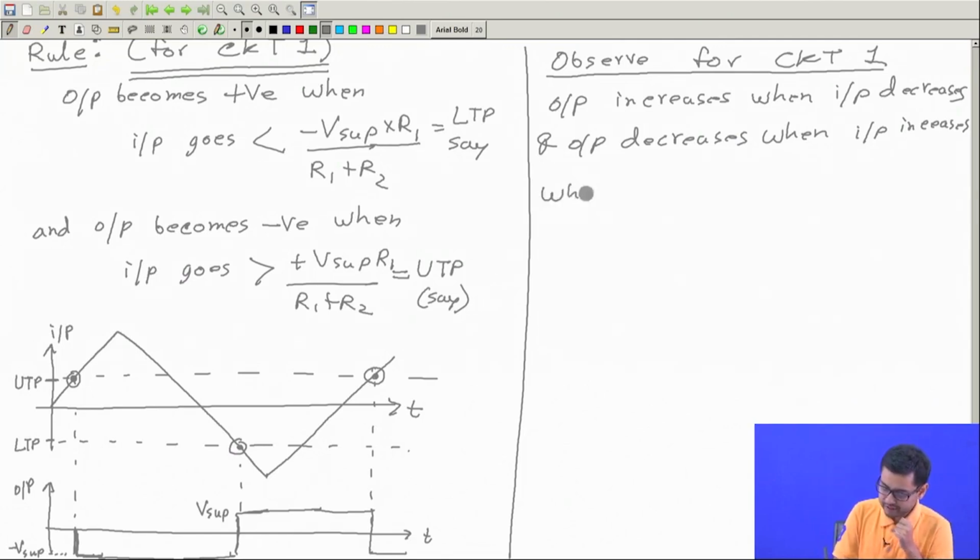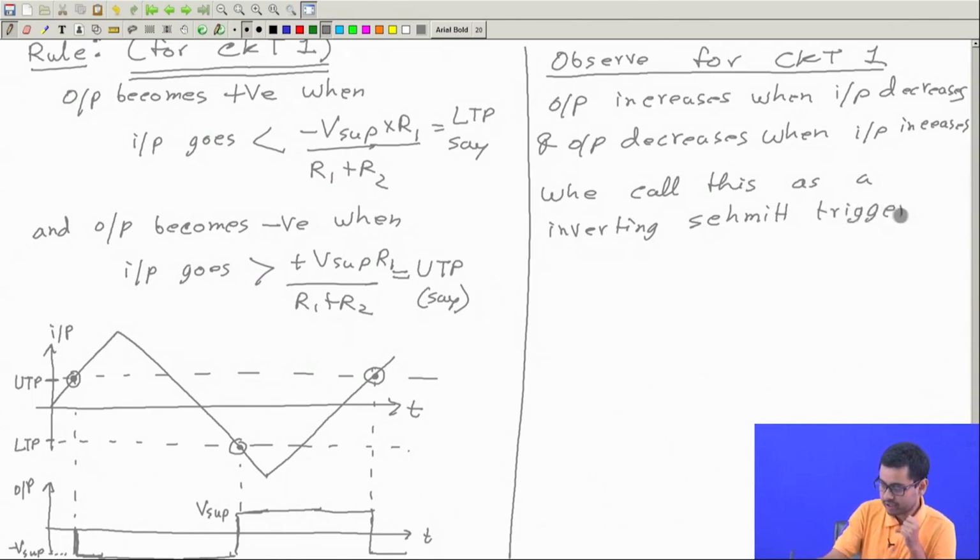So, we call this an inverting Schmitt trigger. Why is it inverting? Because when input increases, output decreases.